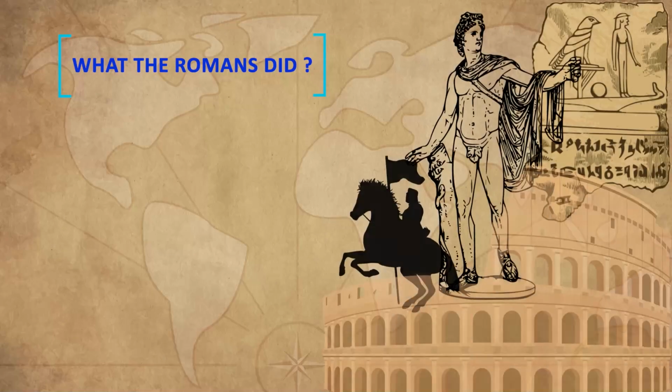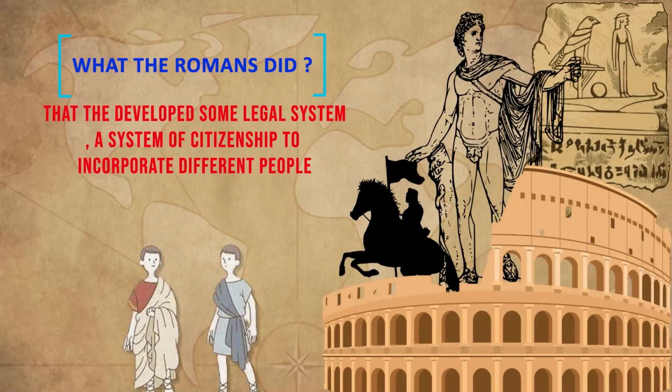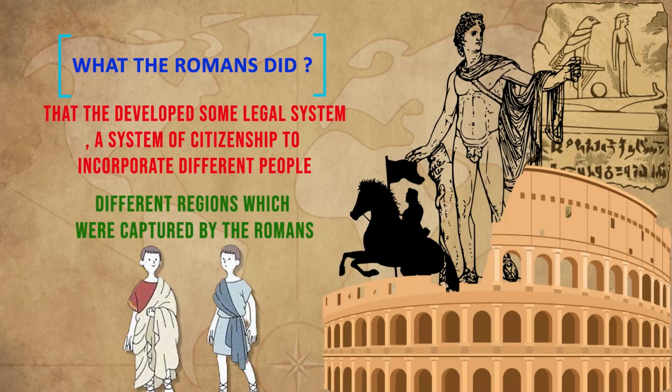What the Romans did is that they developed a legal system, and they developed a system of citizenship to incorporate different people from different regions which were captured by the Romans. Naturally, the Romans viewed the state from their own angle, which was different from the Greek city-state system.